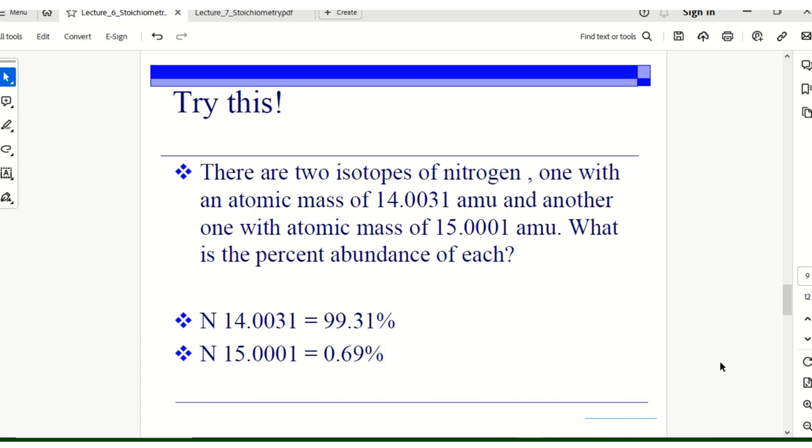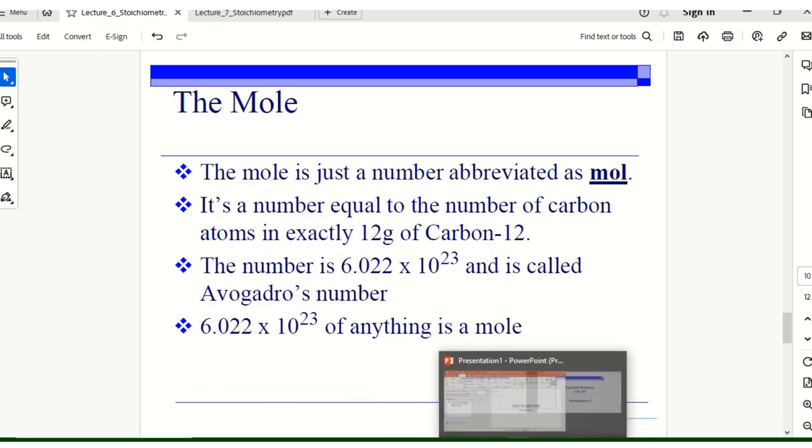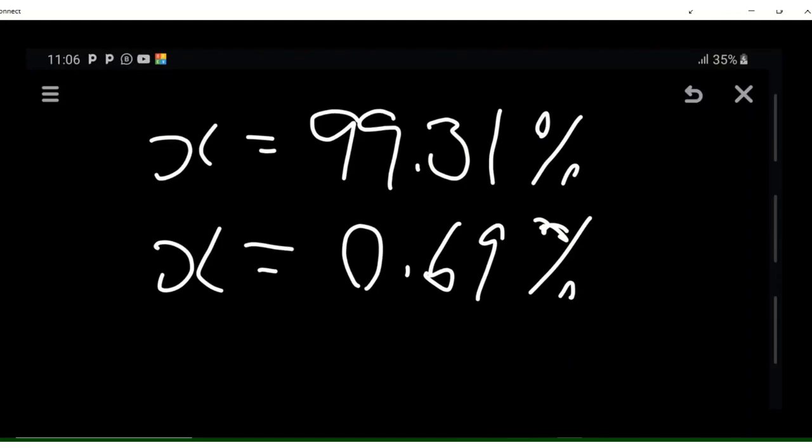Let's check if there's any question here. So now we are going to talk about moles. We've completed the abundance of the isotopes.